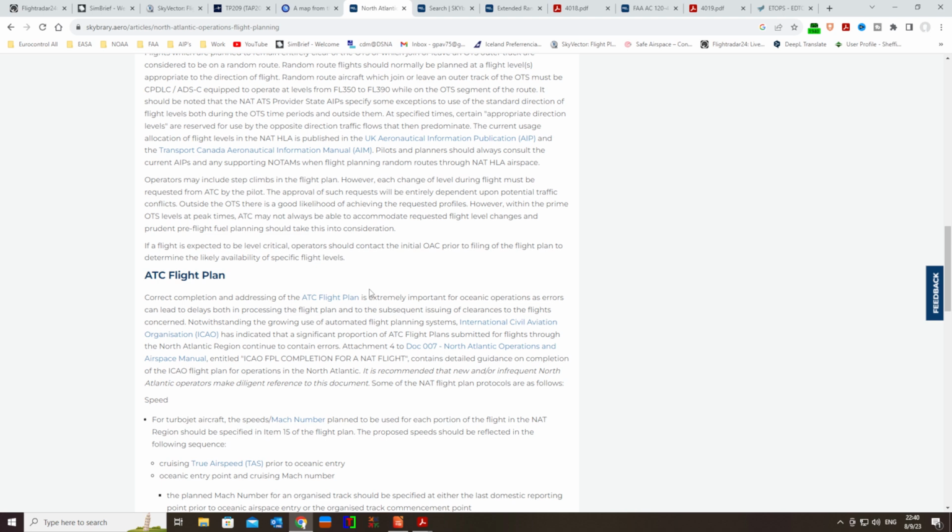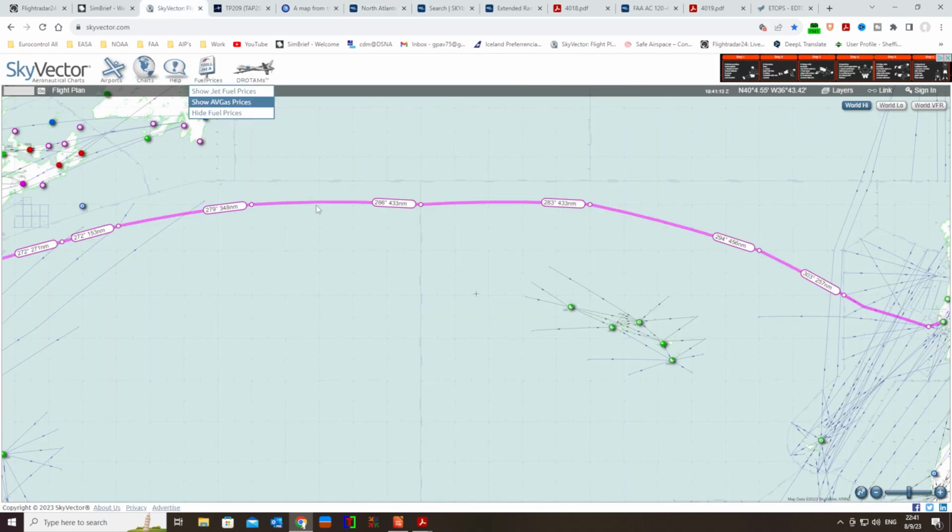With 180, we have some flexibility to go close to the North Atlantic tracks, to the lowest track, if we have to avoid the weather on the southern part of the Atlantic, or we can go even more southern. I will show you in Skybrary.